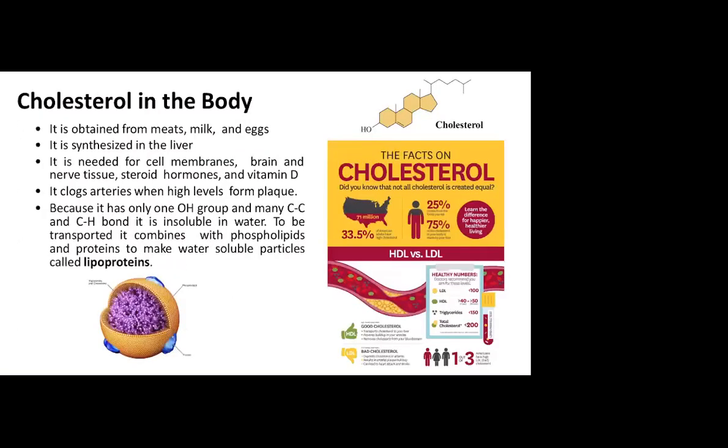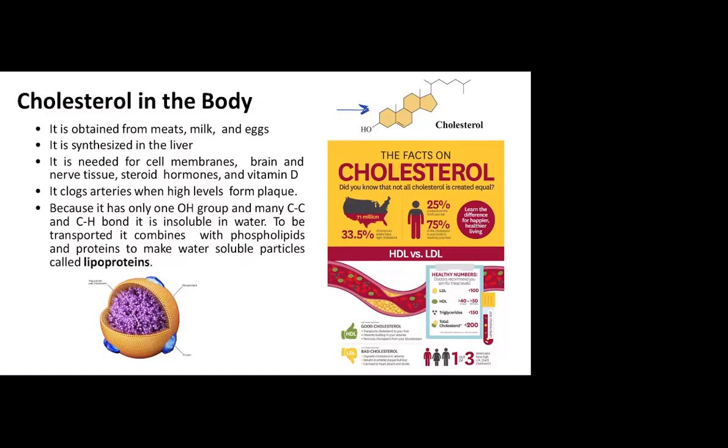Now, where do we get cholesterol? You can see the structure of cholesterol right here. Cholesterol is obtained from meat, milk, and eggs. That's how we obtain it from our diets.